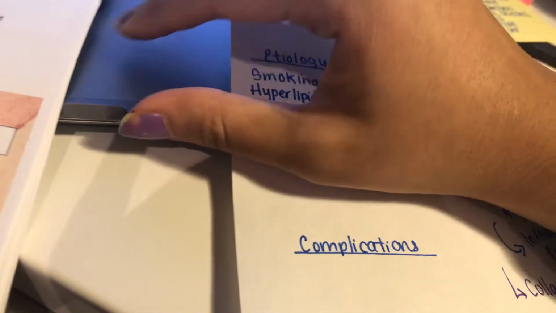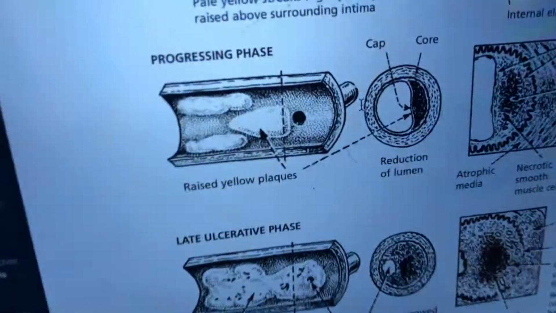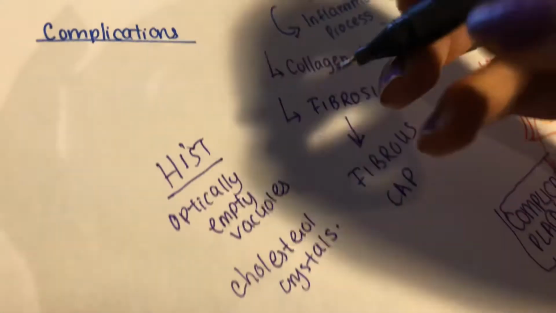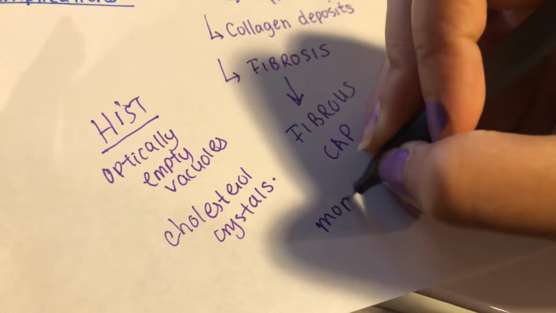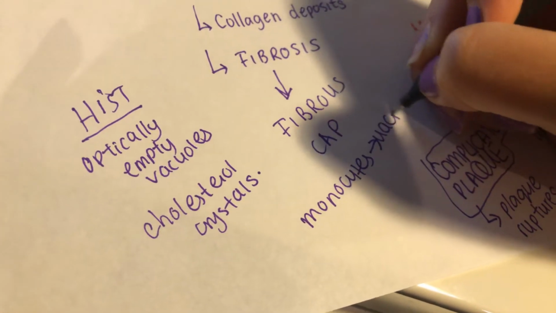So in the whole process of this atherosclerotic plaque forming, you have the thickening, and you also have monocytes. These monocytes come in as part of the inflammatory process, and they become macrophages.